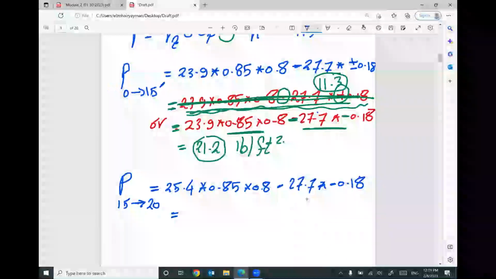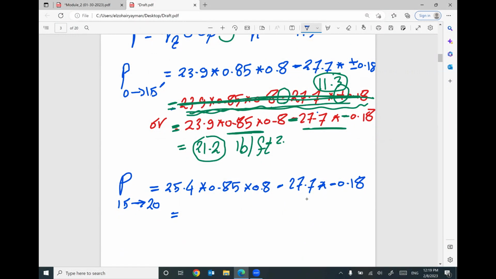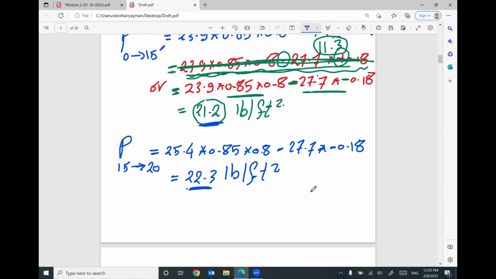So 25.4 times 0.85 times 0.8 plus 27.7 times 0.18. I got 22.3 pounds per square foot. Looks good because when you go up, the wind pressure is growing with height.